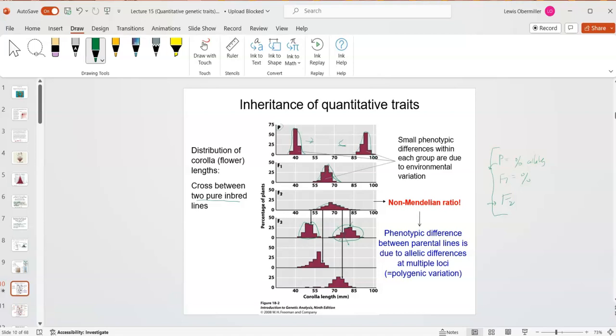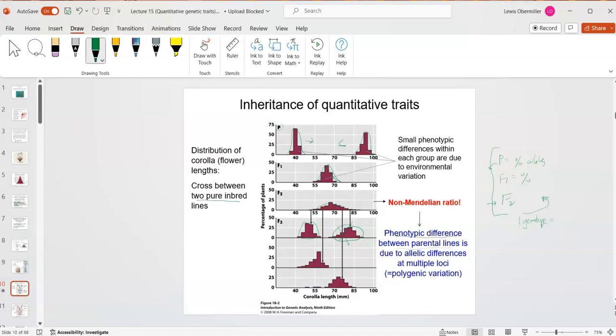Eventually, one of these will get taken out, and if you kept backbreeding individuals, you would be left with one genotype after about 20 generations. And so this is how scientists make pure breeding, by just backbreeding them to the original parent over and over. All right.